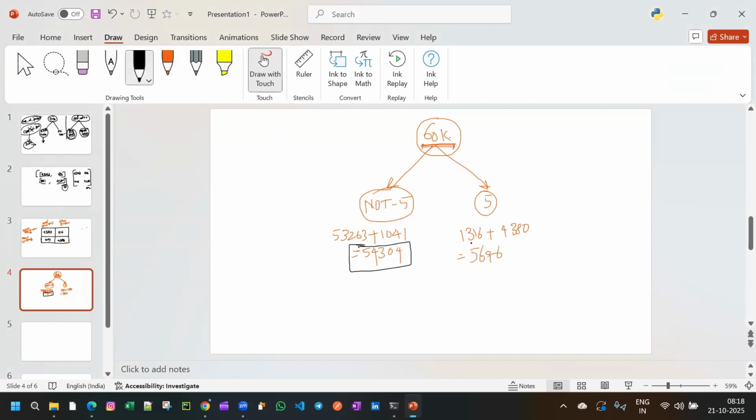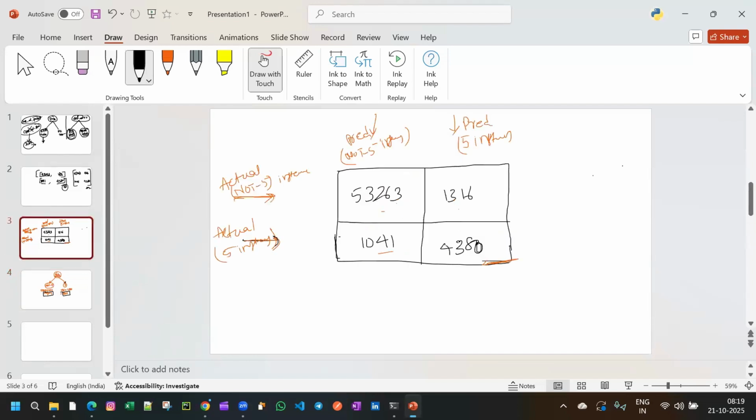What this means is, out of the 60K images my model is taking for prediction, my model has predicted 5696 images as a 5. Out of these predictions, how many are actually 5? We don't know, but these are talking about the predicted values. So now, this is the figure.